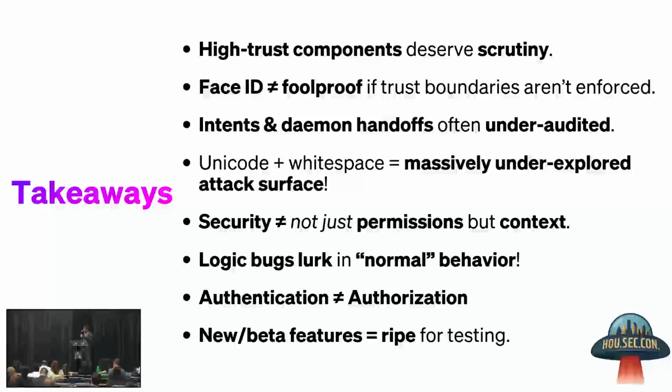A lot of the intents and daemon handoffs are under-audited, so if any of you are interested in probing Apple's stuff for vulnerabilities, that's a pretty rich area to target. Unicode and whitespace also seem to be under-tested. And security is not always just permission, but also context, right? We saw that with the Books example.